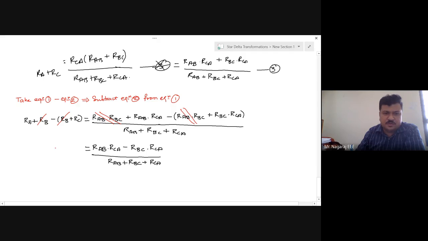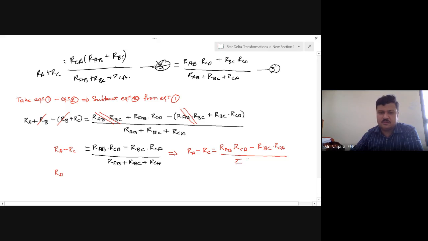So the LHS will be RA minus RC, equals RAB into RCA minus RBC into RCA, divided by summation RAB.